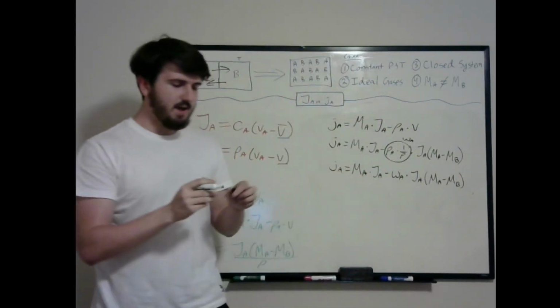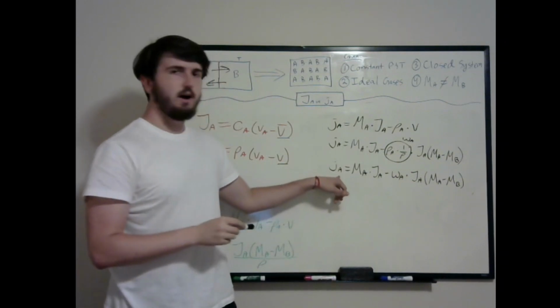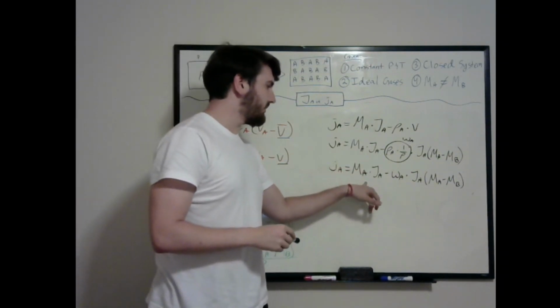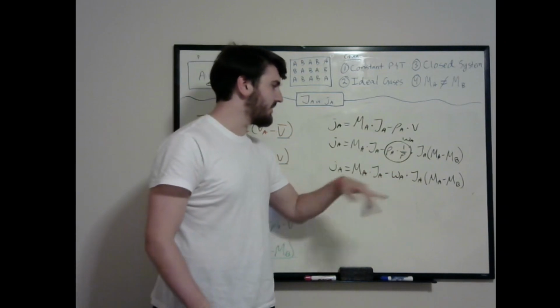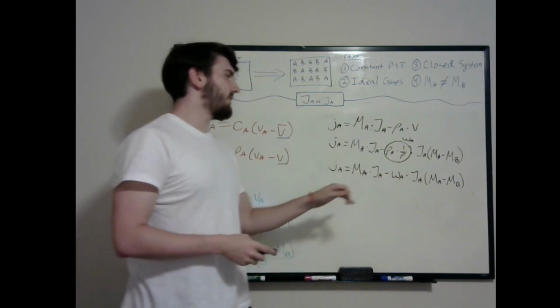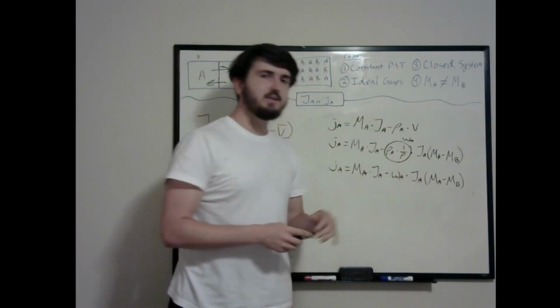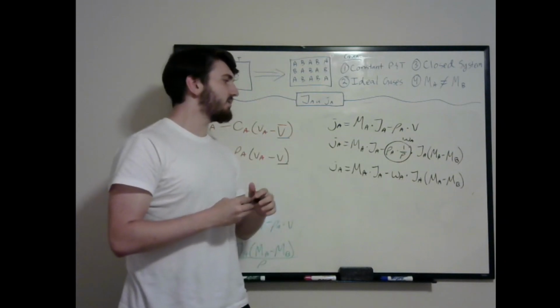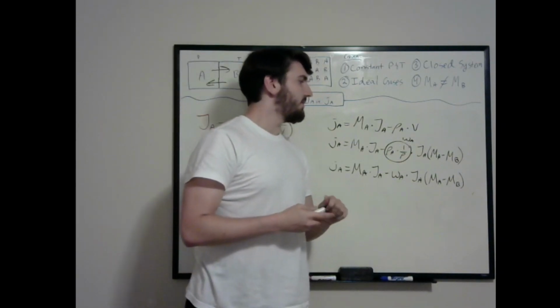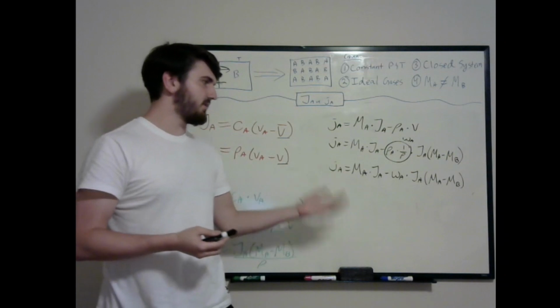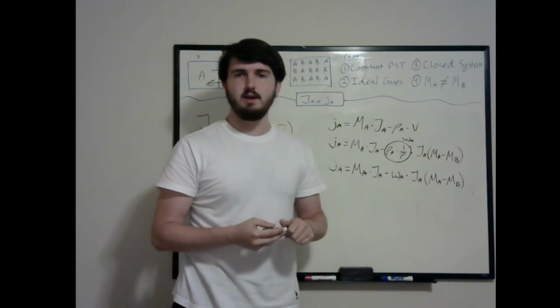We get that the mass diffusive flux of A is equal to the molecular weight of A times the molar diffusive flux of A, subtracted by the mass fraction of A times the molar diffusive flux of A multiplied by the difference of the molecular weights of A and B.